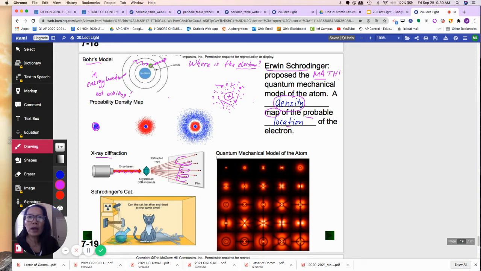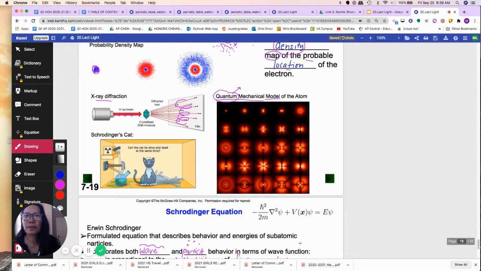We call this the quantum mechanical model of the atom. It does look at energy levels because energy is still quantized. And we can see here that the electron can be in that dot somewhere in there. And you keep filling up the atom as it gets more and more electrons.